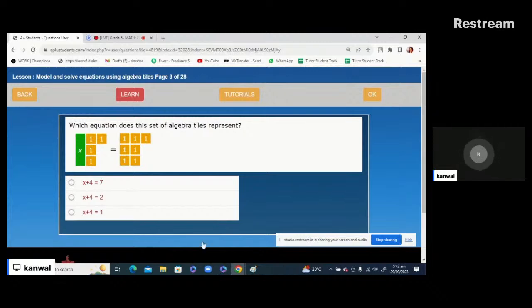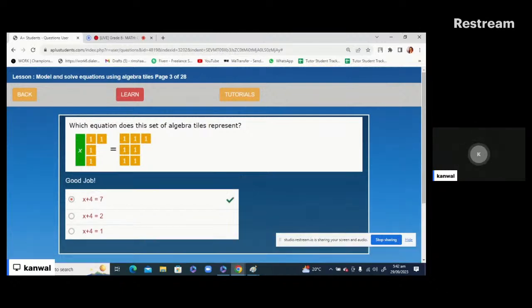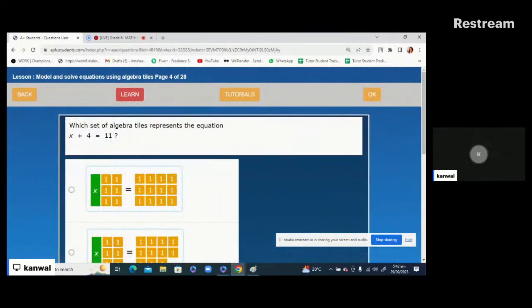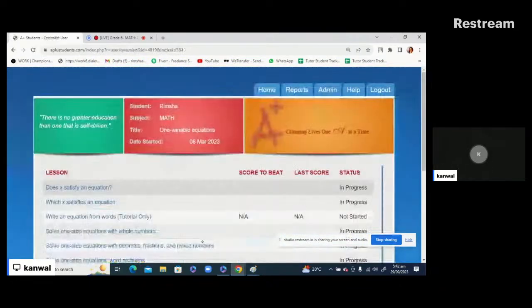So x plus 4 equals 7. This one is right. Okay. Now x plus 4 equals 11. Count it now. You just count all the tiles and then solve all the rest of the questions by yourself.